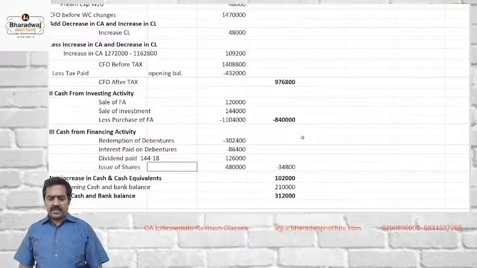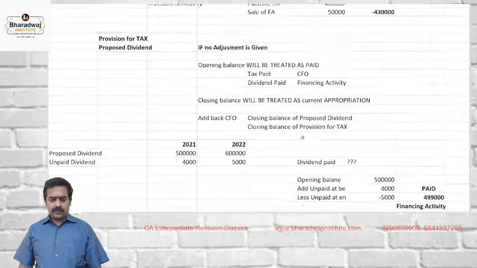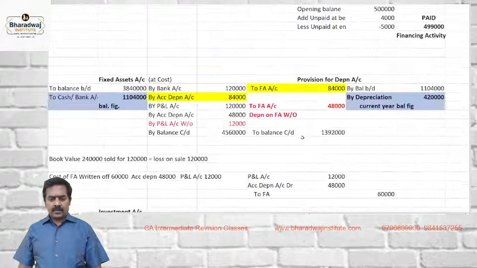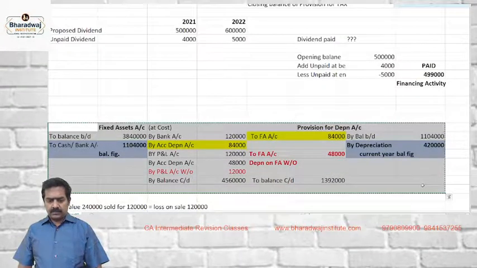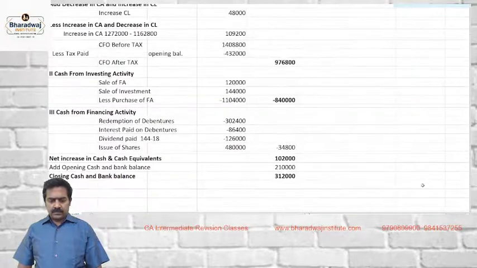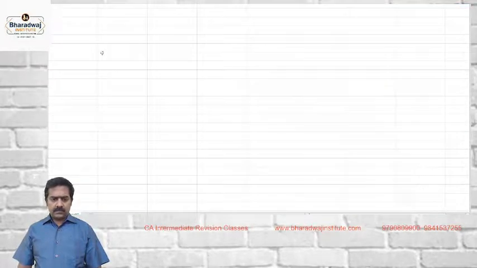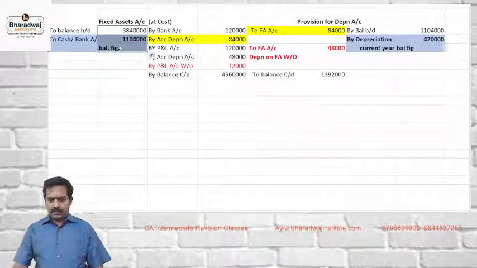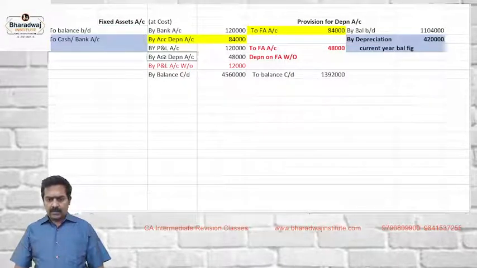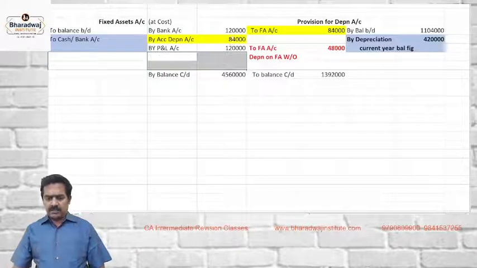Purchase of land will be considered. There is no asset written off in this problem.